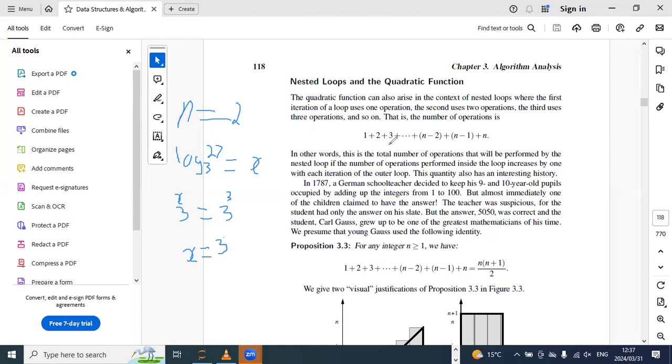Let's see what the student did. You can take 1, 2, 3 until n. So the student said 1 plus 2 plus 3 plus ... and 98 plus 99 plus 100.